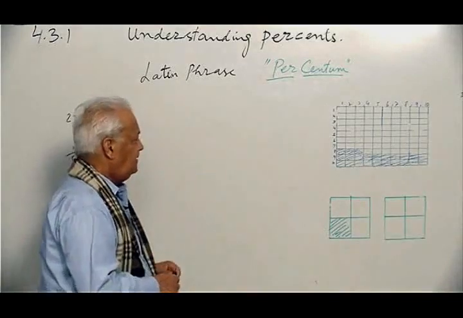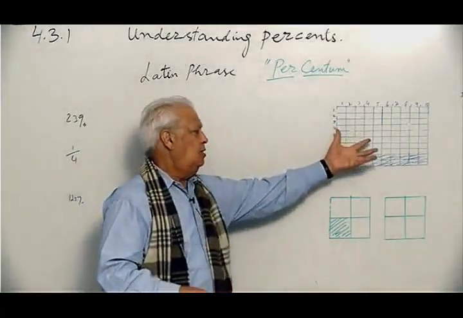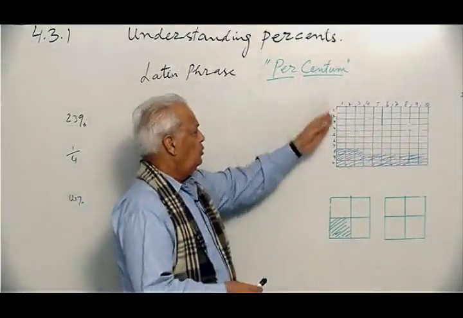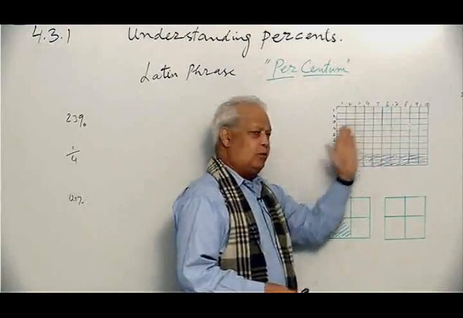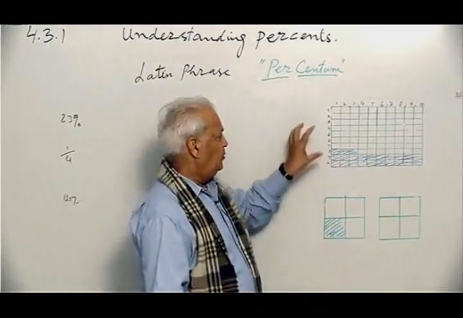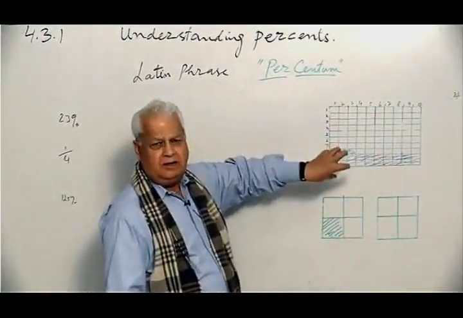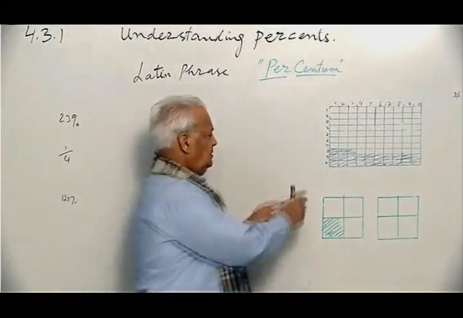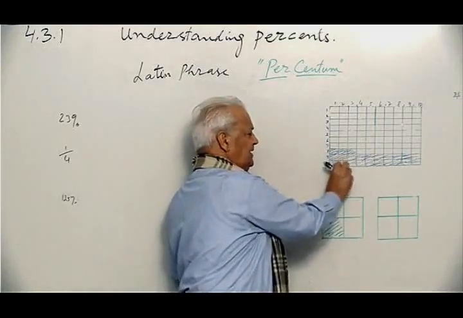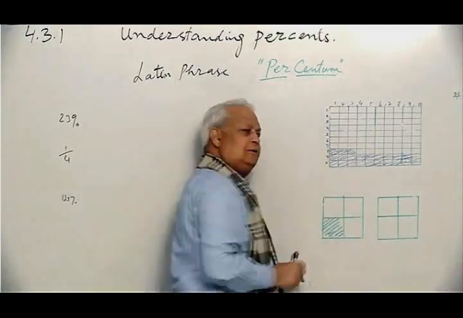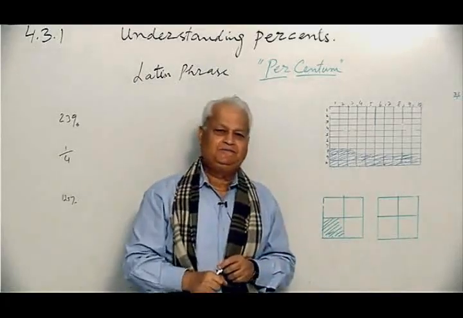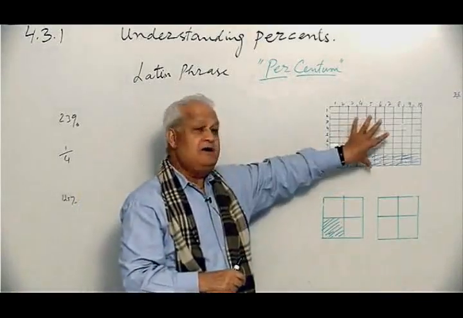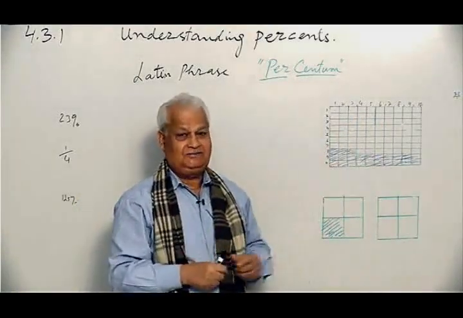Say for example, I have here a small unit piece of rectangle. It is divided into 10 different columns and 10 different rows. That means the whole rectangle is divided into 100 tiny boxes. And out of that, the first two rows, 10 and 10, 20, and three more, 23, are shaded. So I will say that 23 out of 100 tiny boxes are shaded.